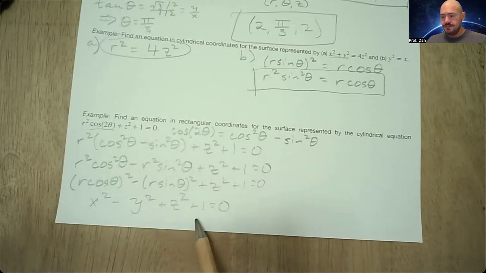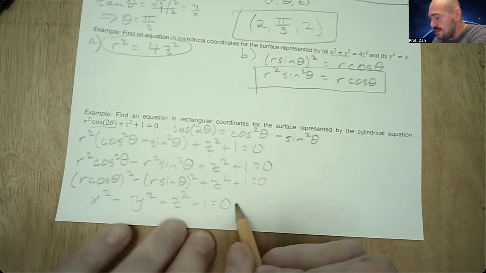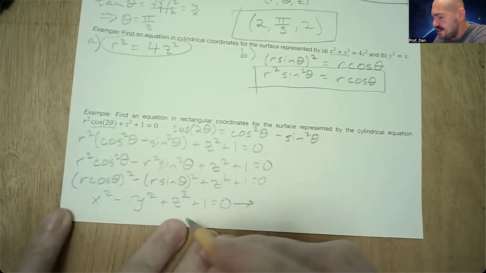Side note though, if you paid attention in the last video, you'll notice that this looks like it could be a quadric surface. So to be able to use the rectangular equation to maybe do something like draw a graph or explain the shape of a graph, right? You would want to rearrange this so that it's in standard form.